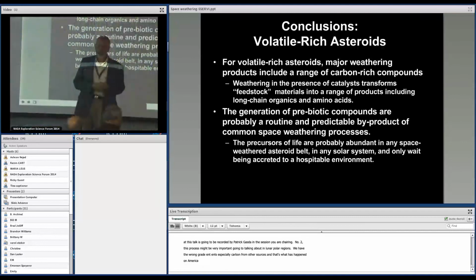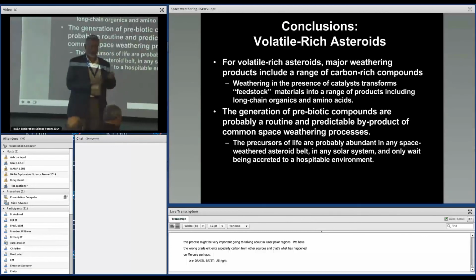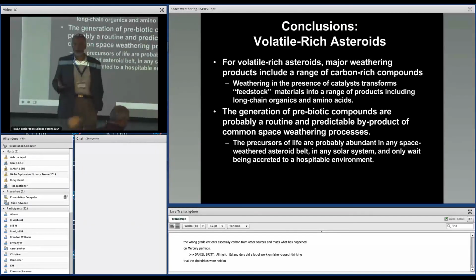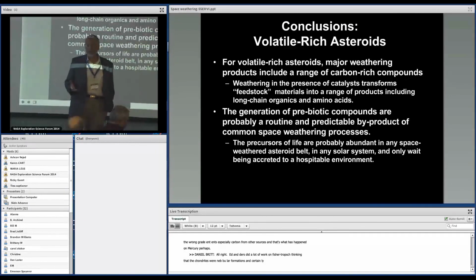Oh, all right. Ed Anders did a lot of work on Fischer-Tropsch, thinking that the organics and amino acids that you found in carbonaceous chondrites were nebular formations. And it's certainly possible and probably going on.